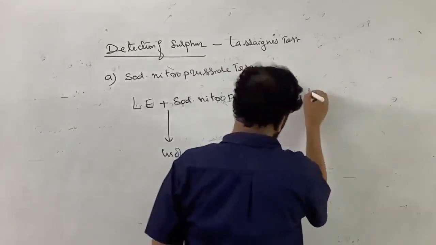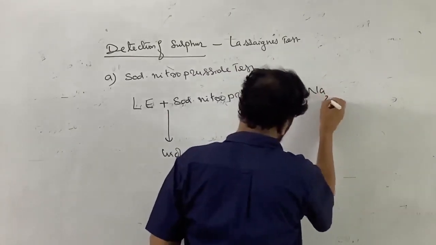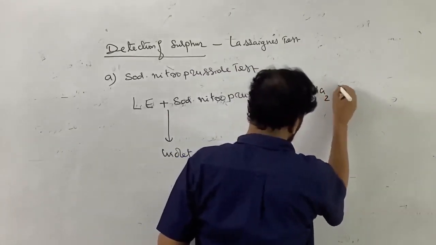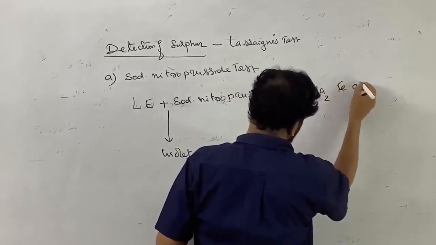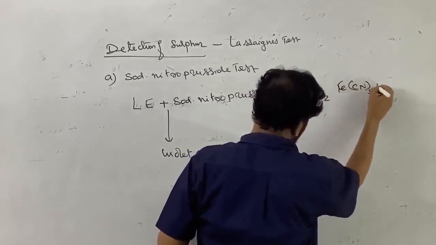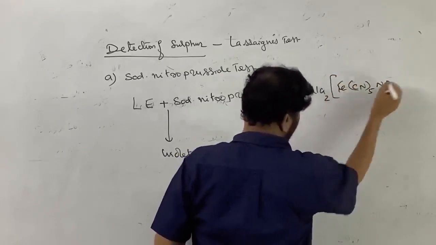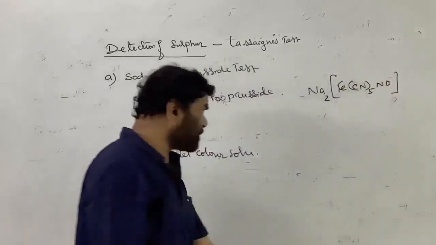This is what is happening. You know that Na2[Fe(CN)5NO] is sodium nitroprusside.